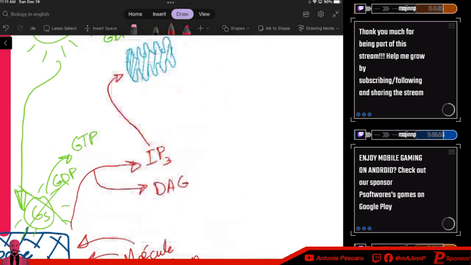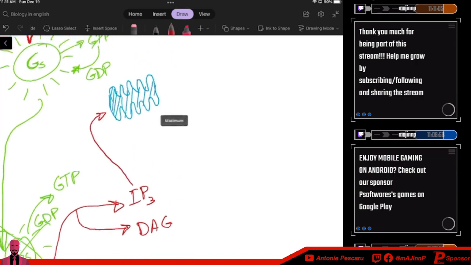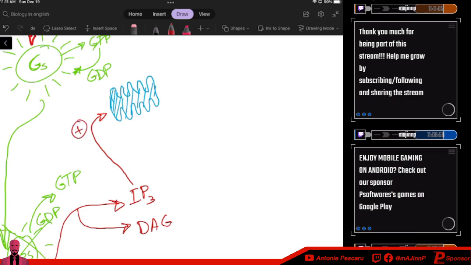So our molecular breakdown that just happened goes into two pathways, IP3 and DAG. IP3 goes to stimulate the high release of calcium out of the sarcoplasmic reticulum, because in the smooth muscles there's a lot of synthesis of calcium happening in there. And that's what it's going to go do.